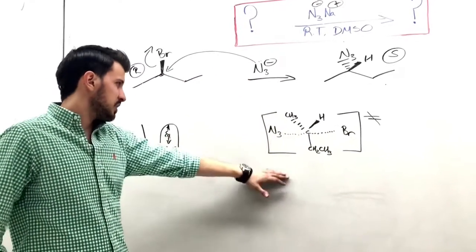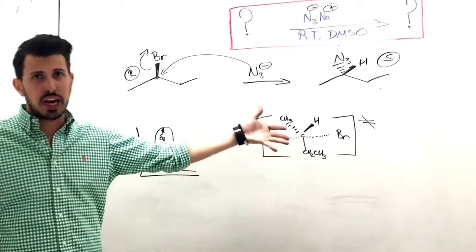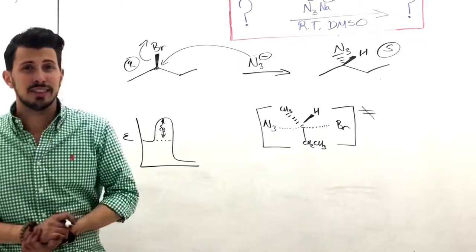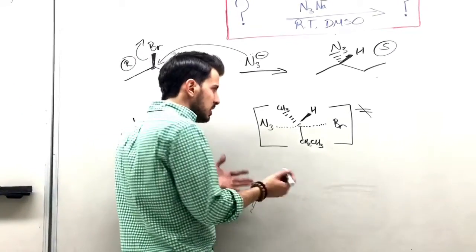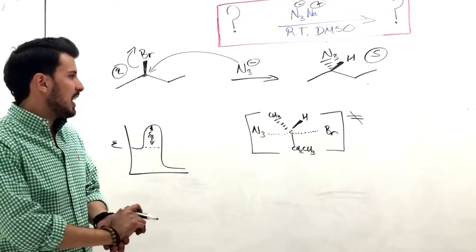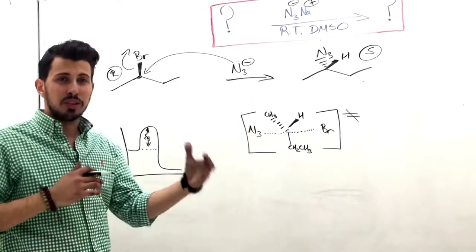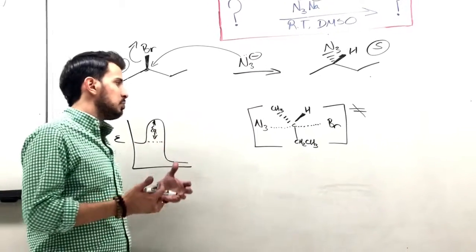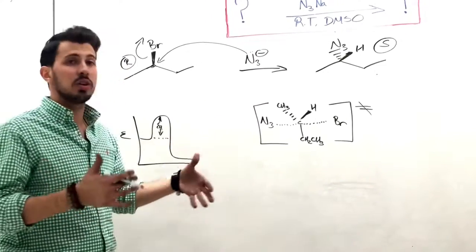So if we were to look at a transition state for this following reaction, it will look something like this. Actually, it will look exactly like this. And again, notice that there's a difference between dashed and dotted lines. Hopefully you can see the difference there, but anytime you see dotted lines, it means that bonds are being broken or they're being formed. So this explains why this reaction is a concerted mechanism.